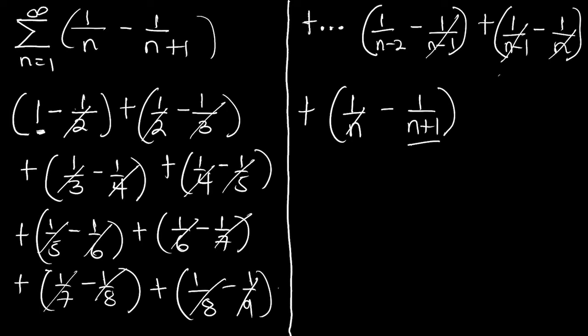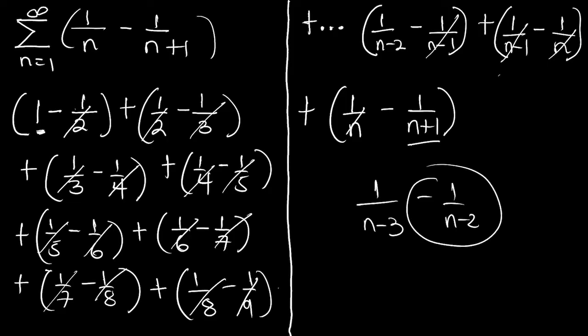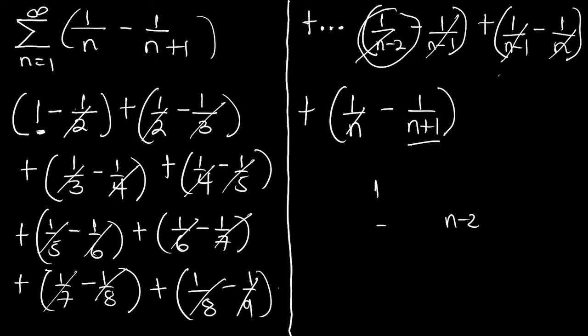We're going to have 1 over n minus 3 and what? 1 over n minus 2. This is the negative 1 over n minus 2, and we have positive what? 1 over n minus 2. So this will cancel that. So that's the analogy. You need to work into some of the hidden terms. So this is going to cancel out. Let me erase and we write out the terms that did not cancel out.